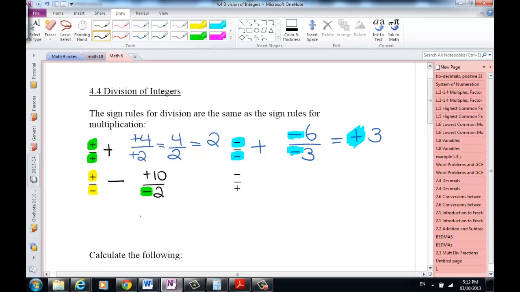It will look something more like 10 divided by negative 2. We don't like to write that negative in the denominator, but these two statements are equivalent. And because we have one negative sign, the entire answer will be negative, and 10 divided by 2 is 5.